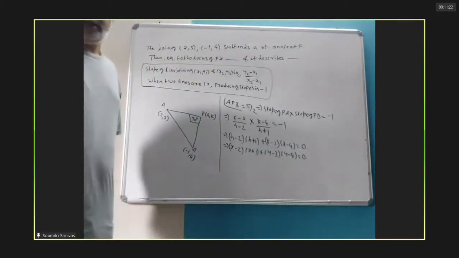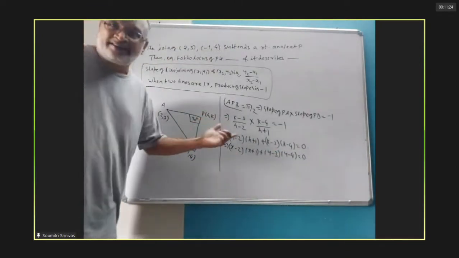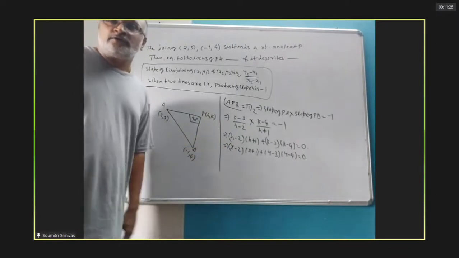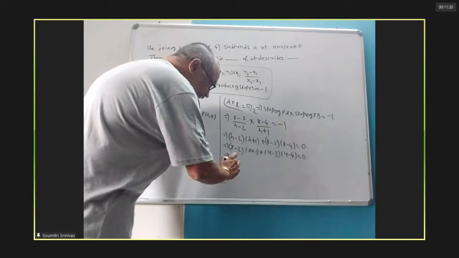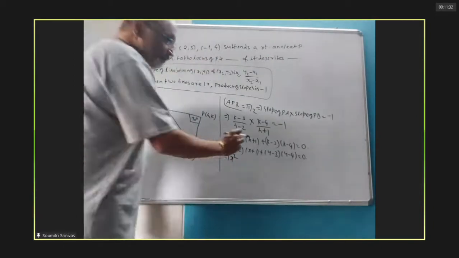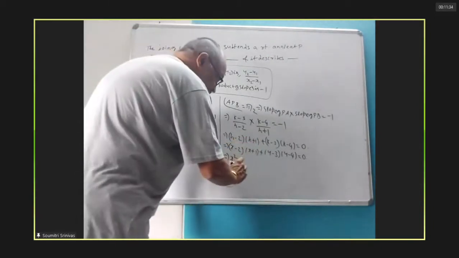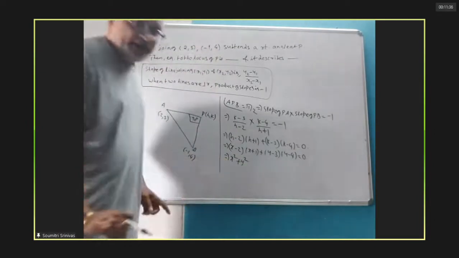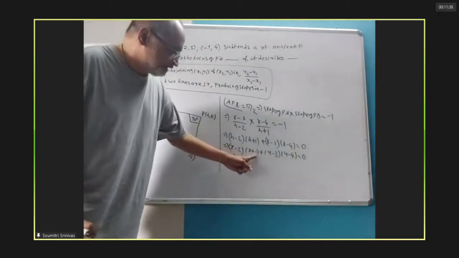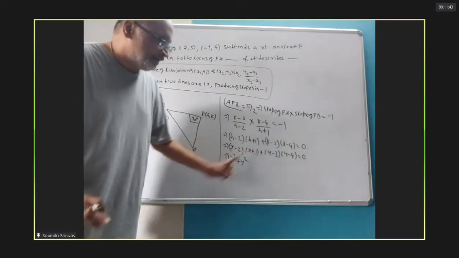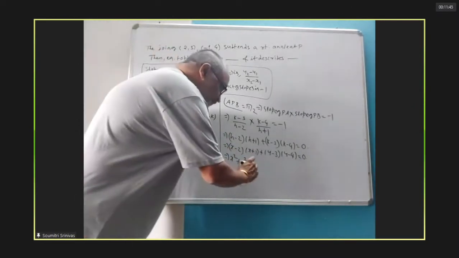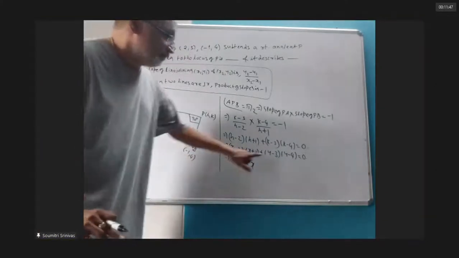Don't leave it like that. What does this signify? That also you find out. Come on. What will I get? x squared plus y squared, and from here plus x minus 2x, which gives minus x.